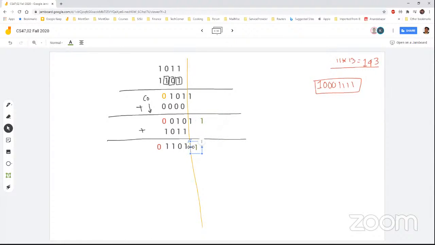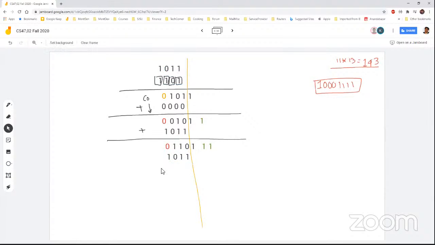Now we shift, bring the carry in, and then we do this one, which becomes like this multiplication.